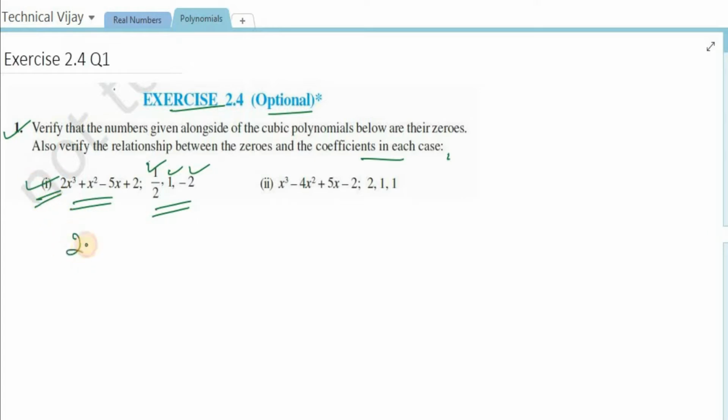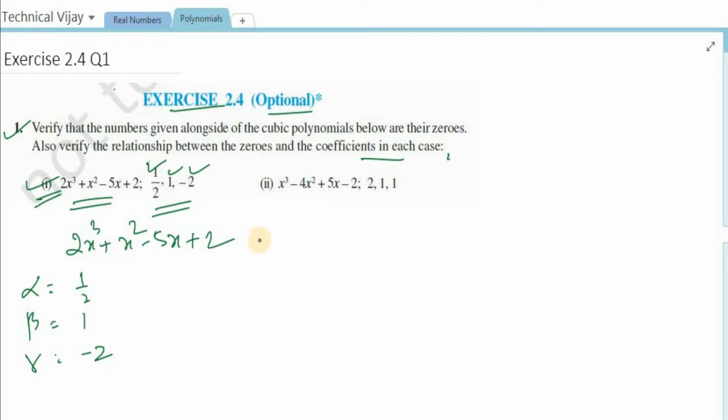In this, the polynomial is 2x cube plus x square minus 5x plus 2, and he has given 3 zeros: alpha, beta and gamma. So alpha is equal to 1 by 2, beta is equal to 1, gamma is equal to minus 2. We already know the formulas for the sum and product of zeros.